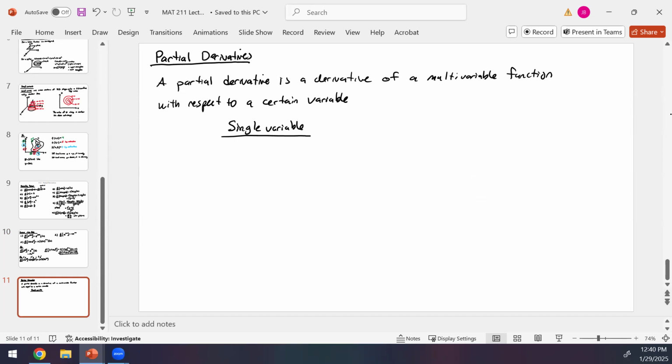So for single variables, essentially, if we have our original function, which is going to be f of x, which we also call y sometimes. So y equals f of x. That's our original function.